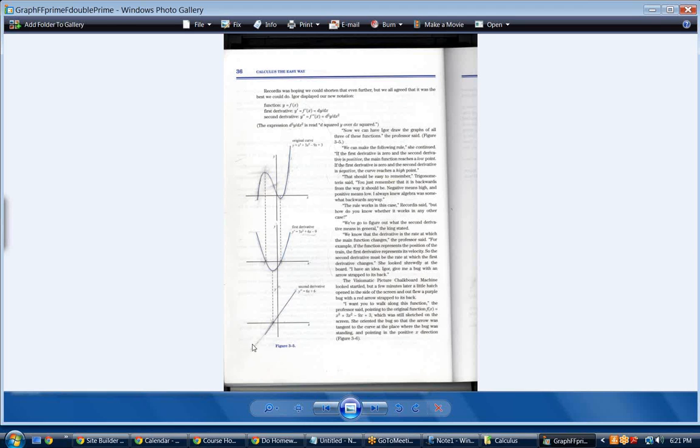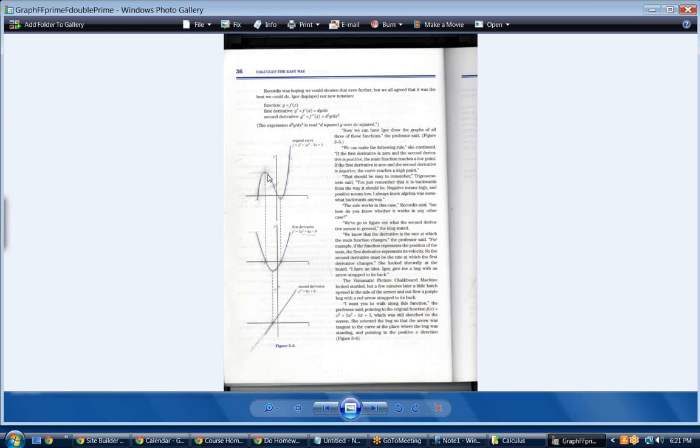Now, the most important relationship you can make between the function and the first derivative is that when the function is increasing, the first derivative is positive. When the function is decreasing, the first derivative is negative. Notice how we're increasing from this point to that point, and we're above the x-axis in the first derivative, so we're positive.